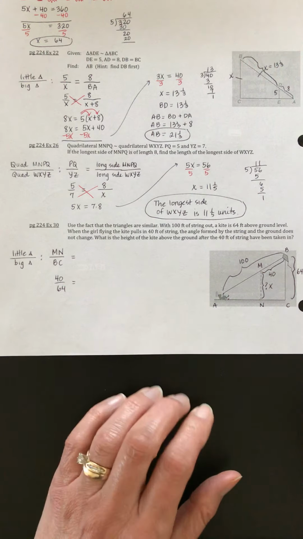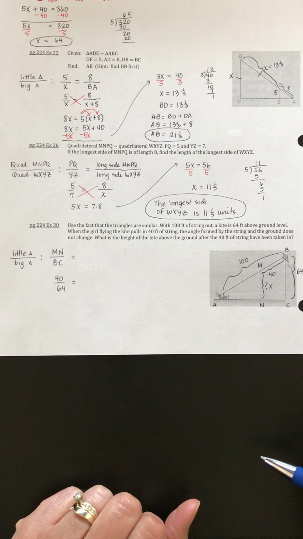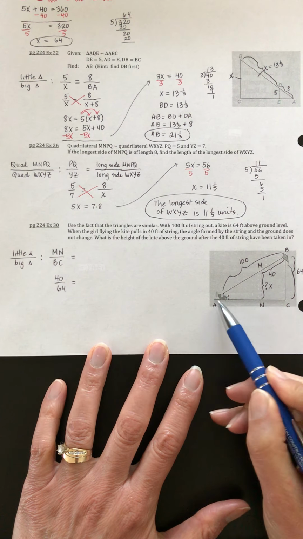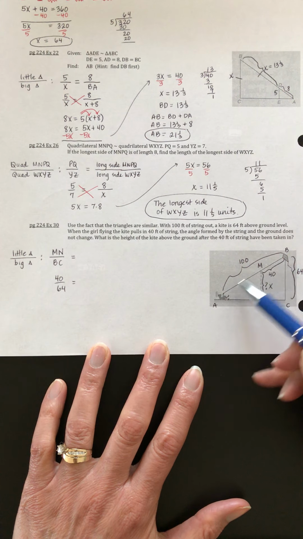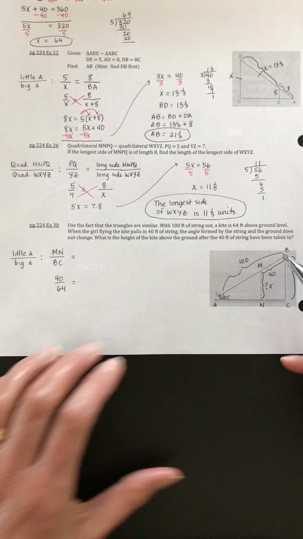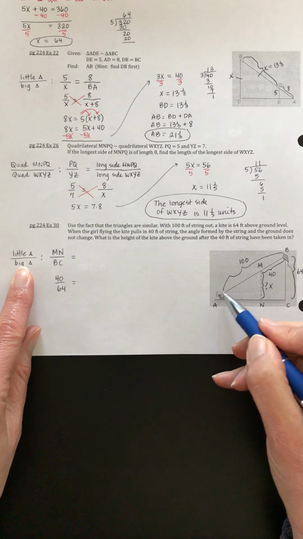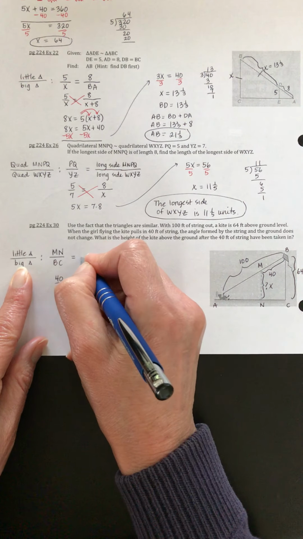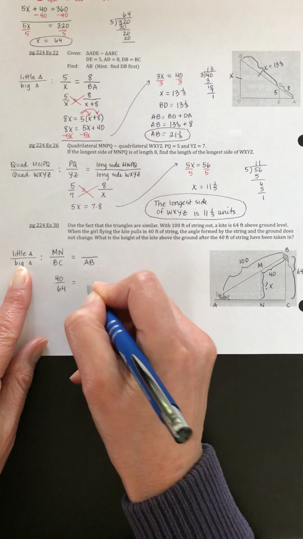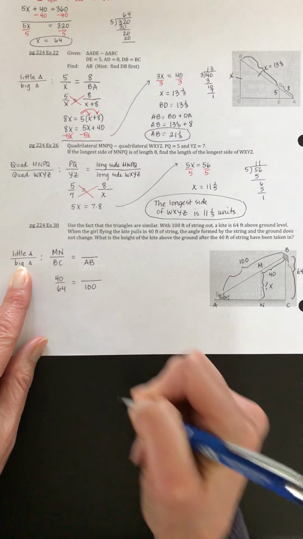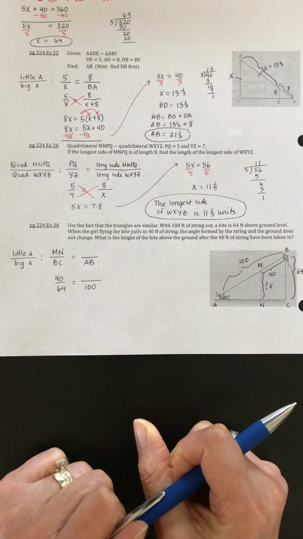Okay, so now what else do we know in the big triangle? Well, we don't know this side in the big triangle, but we do know this side. So we're going to put that side in, which happens to be AB. So big triangle, be careful here. This is the big triangle, so put it in the denominator, AB. And we know that that is 100. Okay, so let's go ahead and put that in.